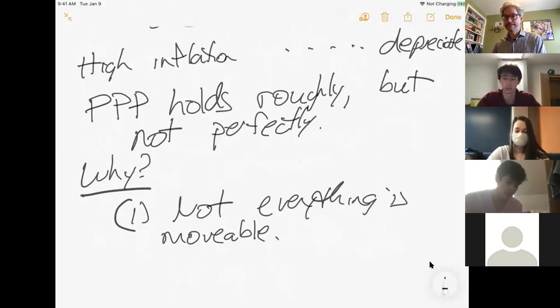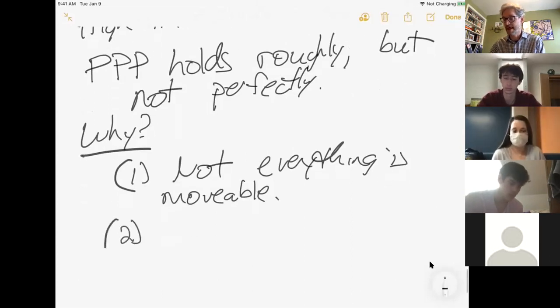Somebody mentioned gas. I mean, gas is not radically more expensive in Chicago, but it is more expensive. Why is gas more expensive in Chicago? The biggest factor is taxes, right?